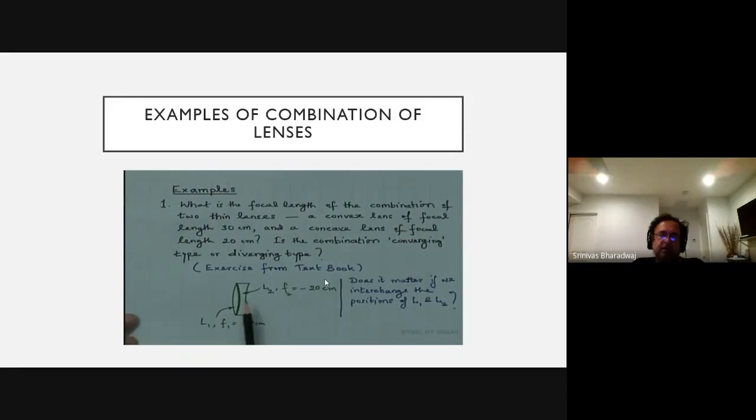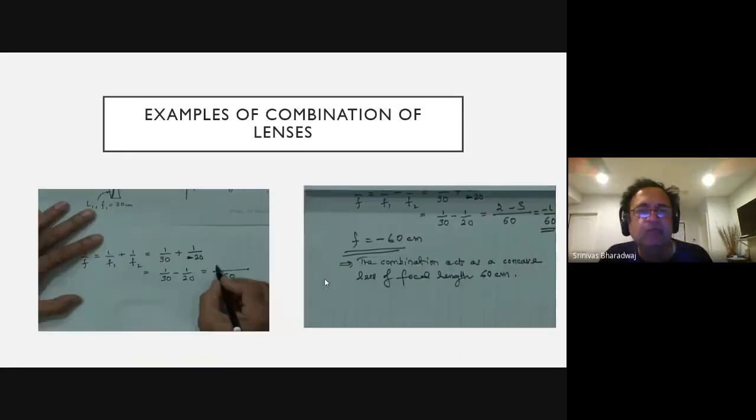Therefore, the net f equivalent will be 60. In fact, it is a diverging combination. Therefore, it is minus 60, right? So notice how the professor does the problem, and we also did the same, and we reached 60.